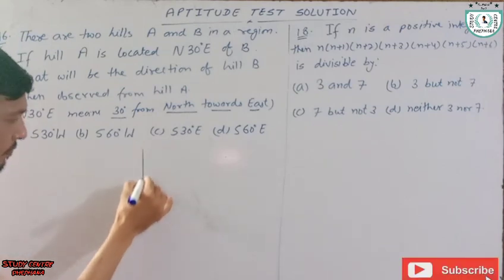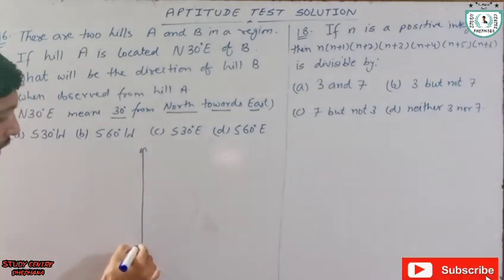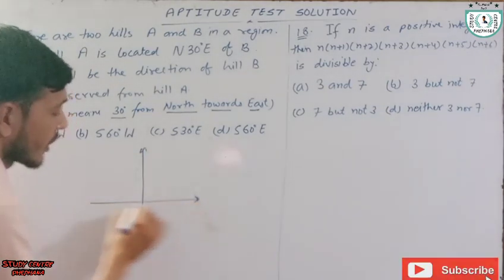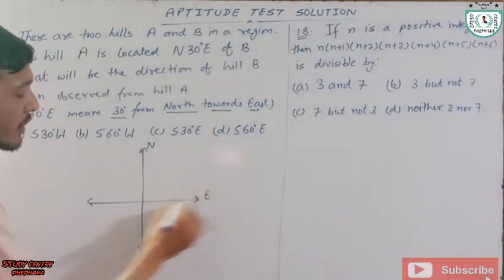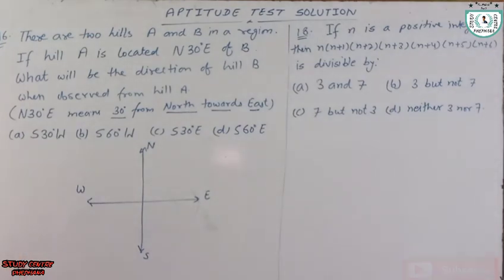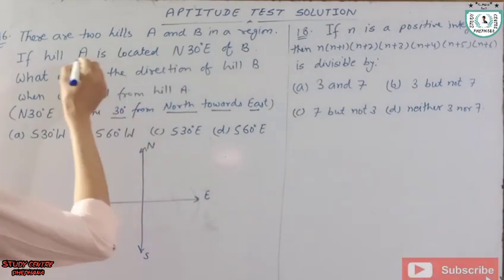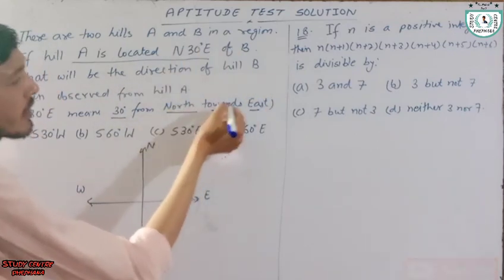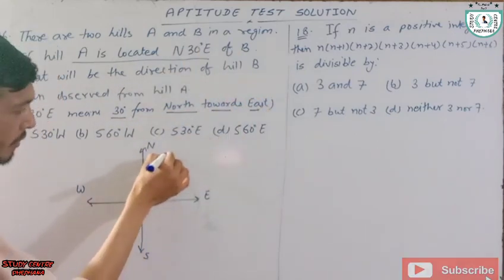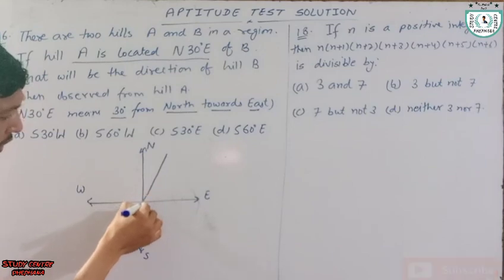First of all, I will make a direction figure, that is north, south, east and west. According to the figure, A is located 30 degree north towards east.